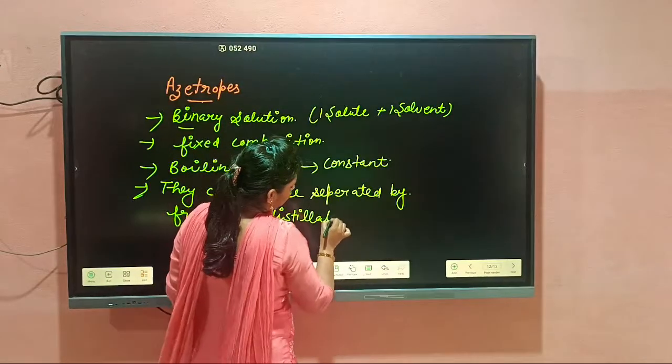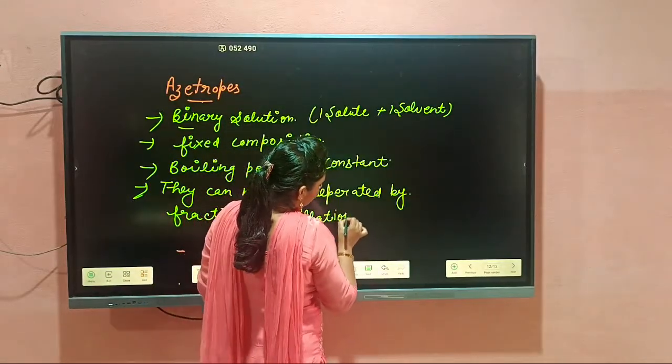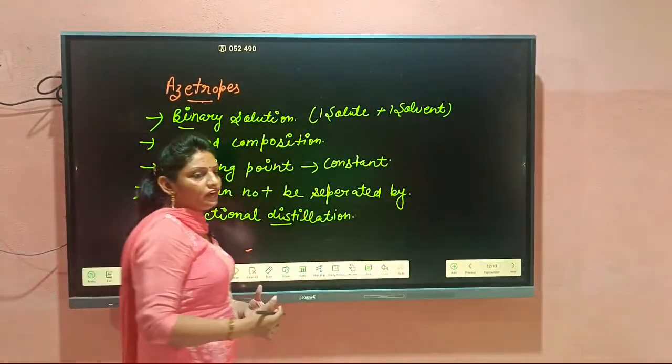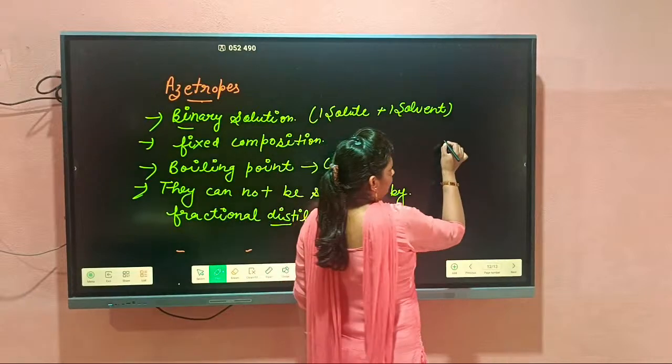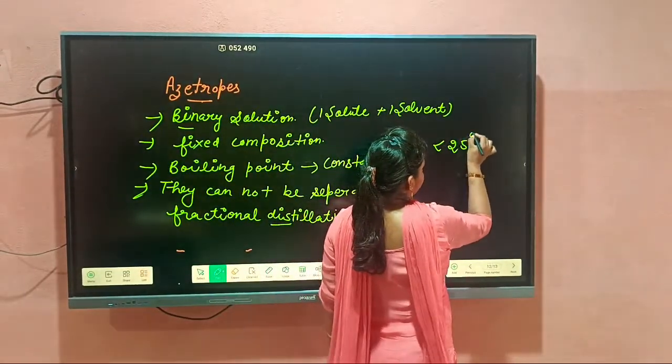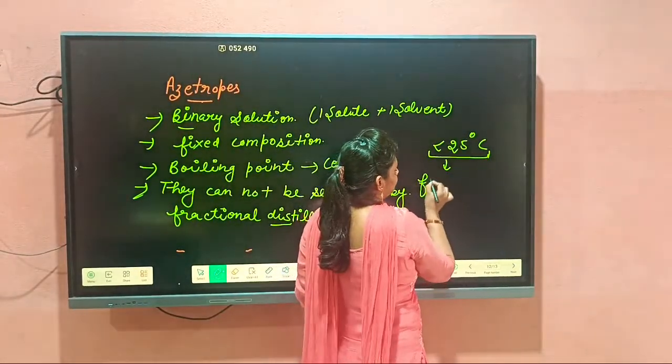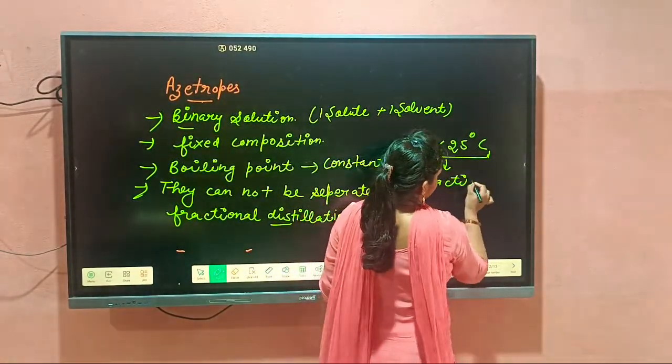It is done on the basis of the boiling point. If two liquids have a boiling point difference less than 25 degrees Celsius, then they can be separated by fractional distillation. Right?